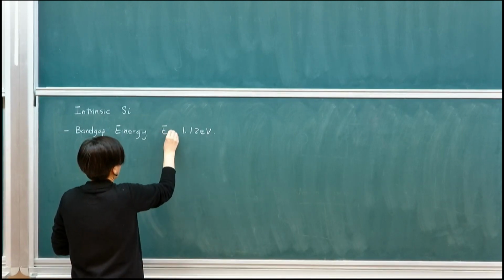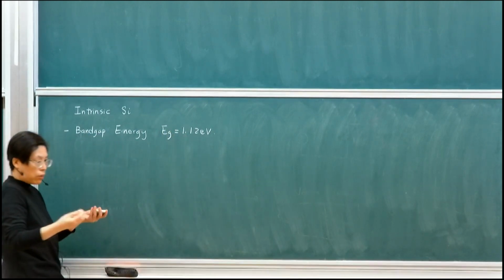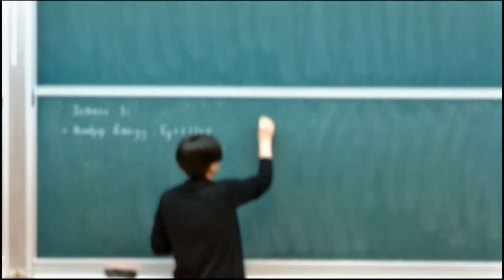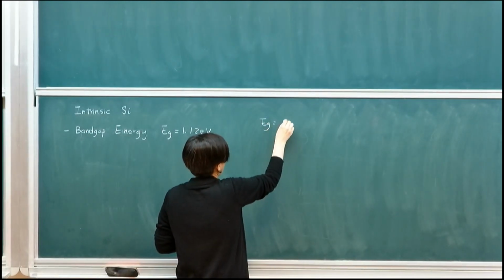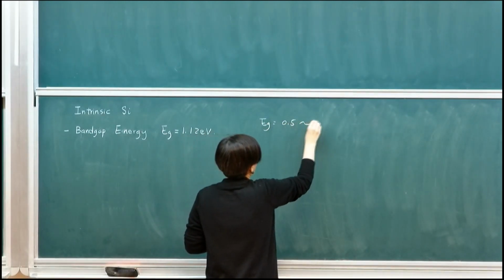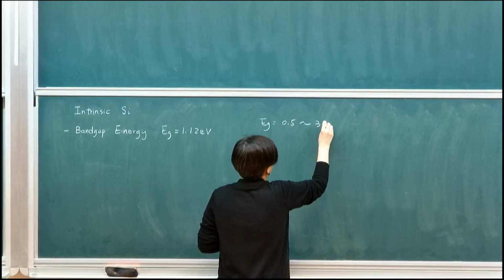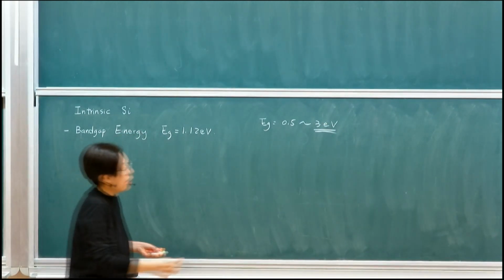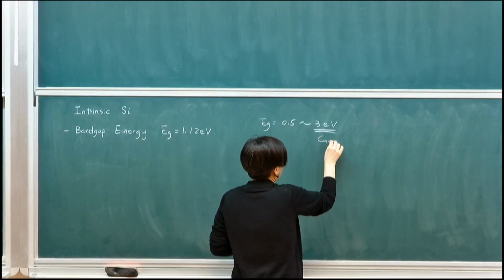For semiconductors in general, we have all types, like silicon, germanium, or III-V compound semiconductors. Their EG typically ranges from probably 0.5 to 3 eV. 3 eV is gallium nitride for blue light.